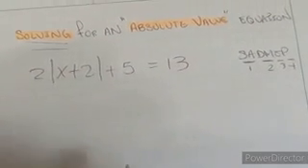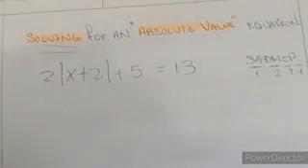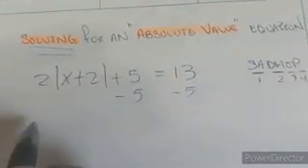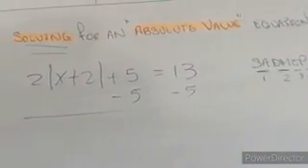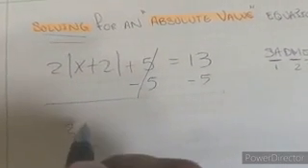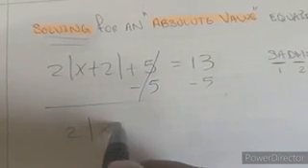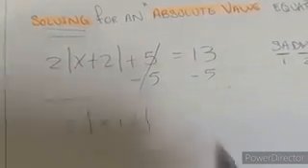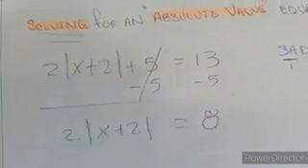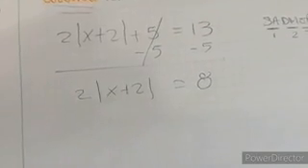Since I see addition, I will subtract 5 from both sides. You guys probably already know that, so bear with me. In this case, the 5 cancels out over here. I am left with 2 times the absolute value of x plus 2 equaling 13 minus 5, which gives me 8. Check my math, right? And so here we are.